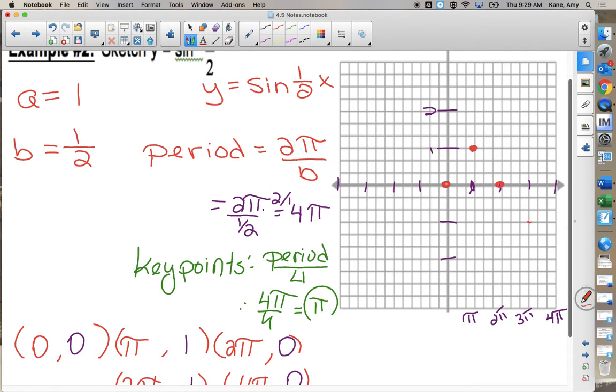Remember, sine is the one that starts in the middle, and it goes up to its hill and down to its valley. There is no stretch in this graph because the number in front was just a 1. Questions?